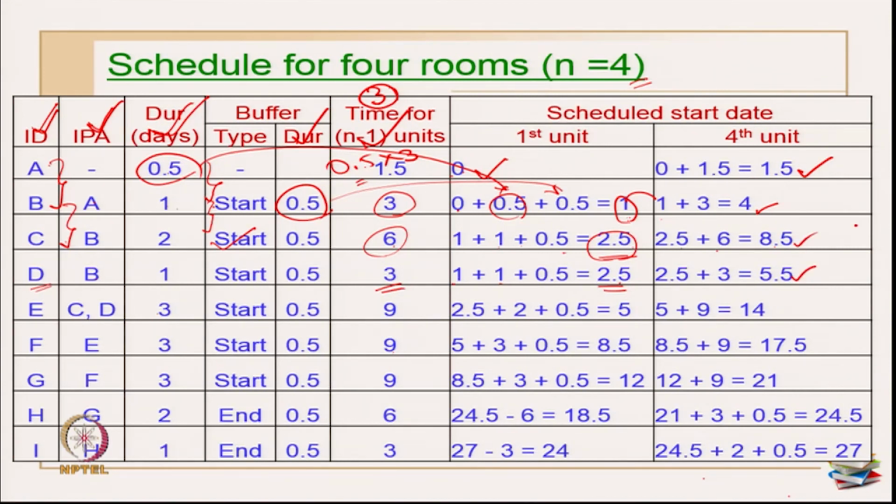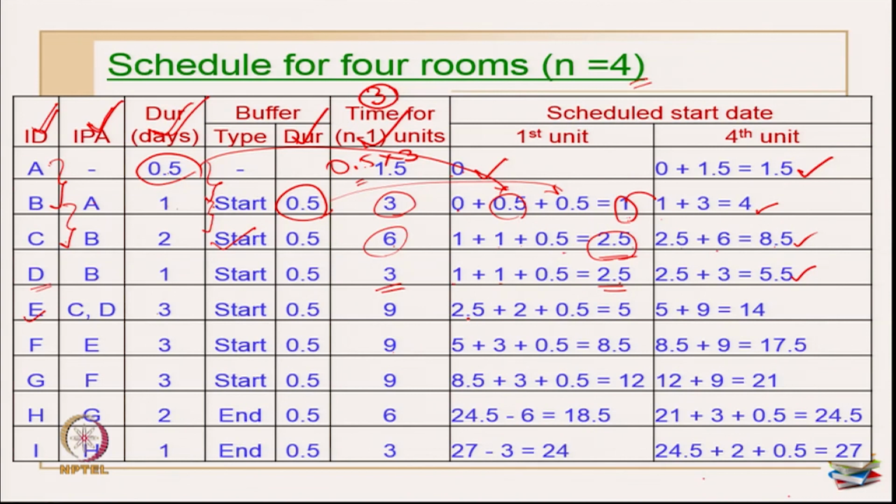Okay. Now, next is activity C. For activity C, I have to check activity C and D, both are my predecessors. Now activity C has a duration of 3, C has 2 and this has 1. So, obviously, this has a still slower rate of progress. So, I am going to still introduce a start buffer only.